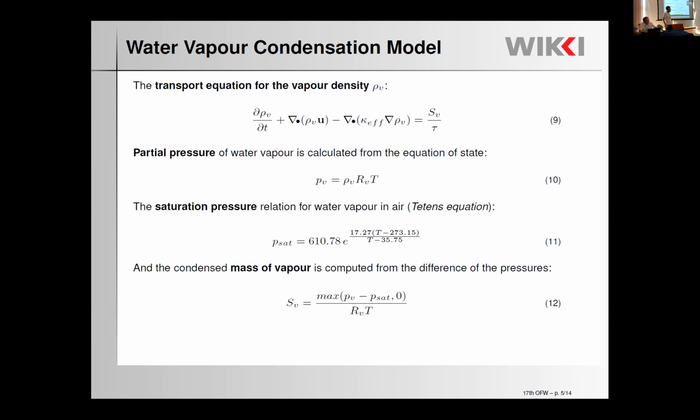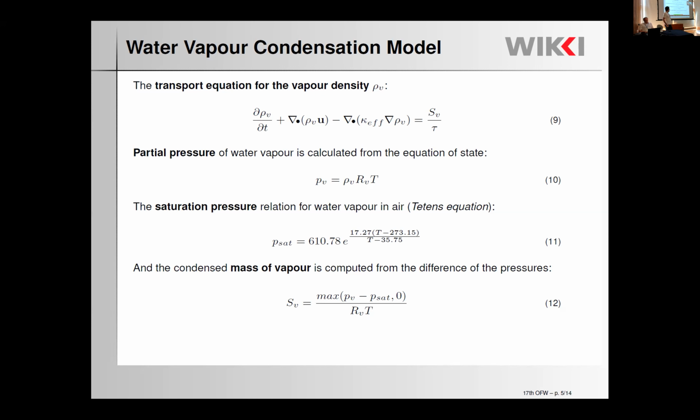Of course, there are many experimental equations similar to this, but for the temperature difference that is expected in the case, this works quite well, and the expected error should be on the order of 0.1%.